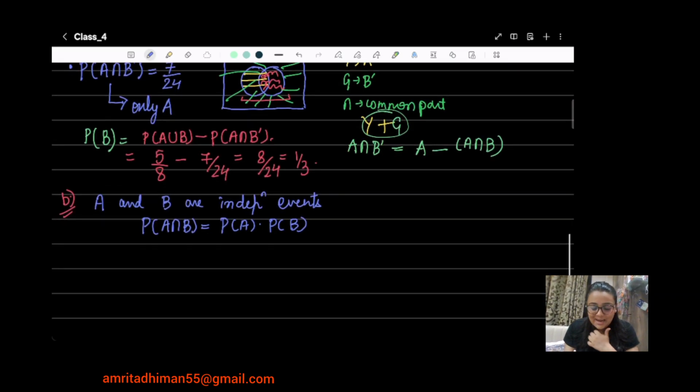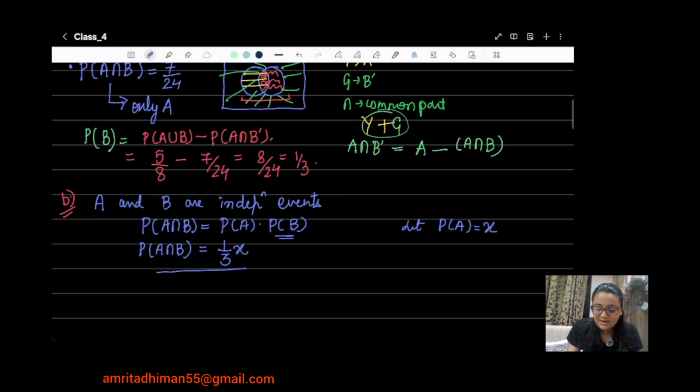So let probability of A be equal to X. We know that the probability of A intersection B is nothing but 1 by 3, which is the probability of B. Probability of A is X. So probability of A intersection B we have X by 3.